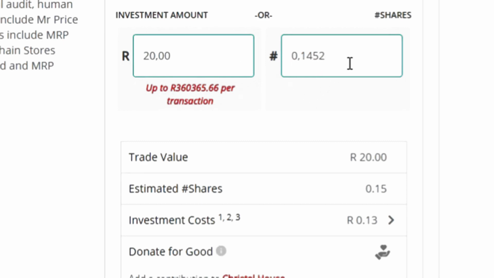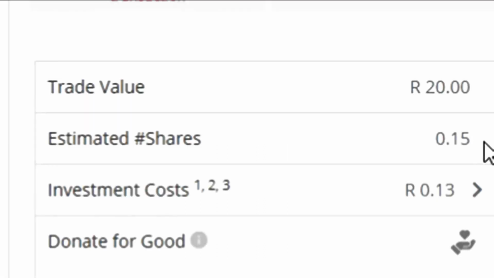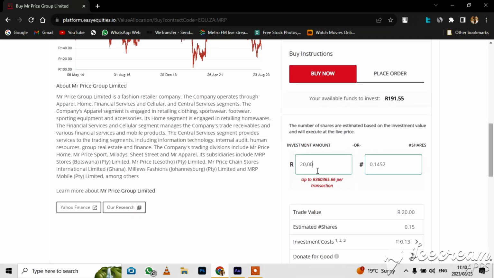How many shares is 20 rand worth? 0.15. You get it? This is the number of shares, so this is how much you can get with only 20 rand. But I like to buy more shares. I don't like to buy penny shares.